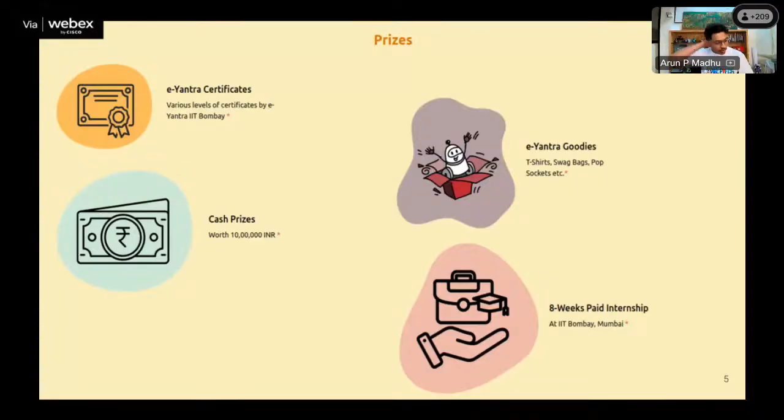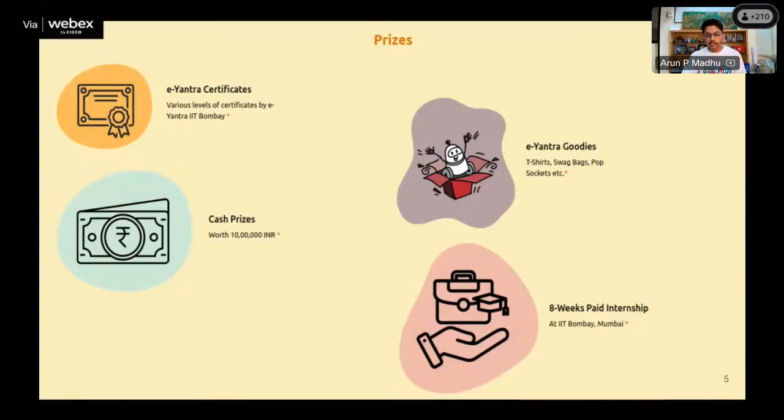That was an overall video of the different themes we have had in previous years. According to your participation in the different stages, stage one and stage two, you'll be awarded different levels of certificates. Then we have around 10 lakh worth of cash prizes, and e-Yantra goodies like t-shirts and swag.